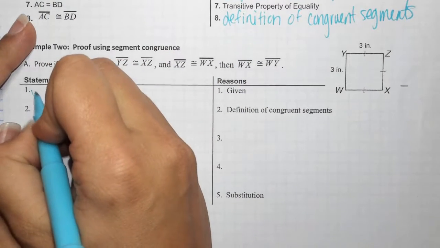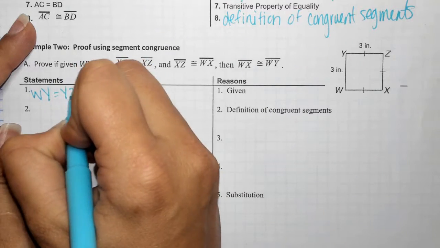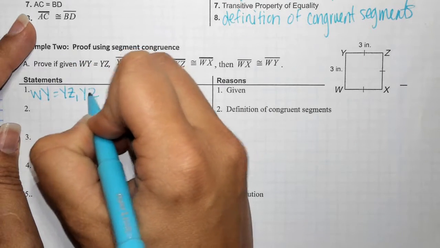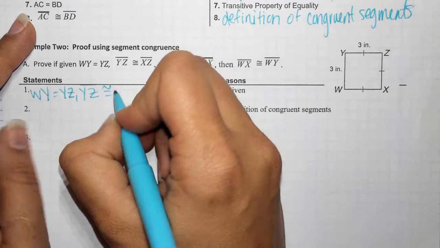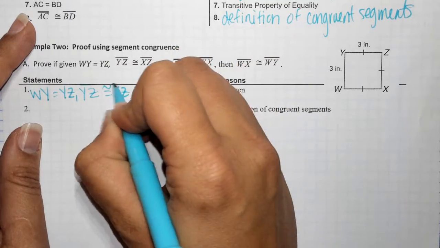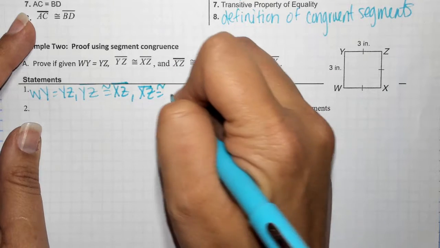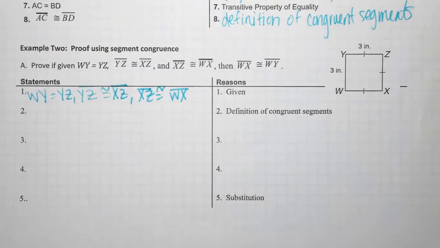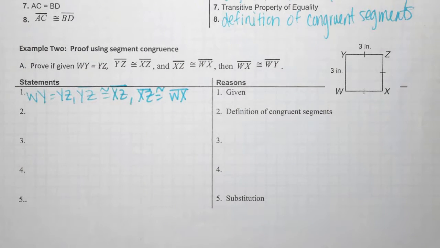Okay. So WY equals YZ. YZ is congruent to XZ, and XZ is congruent to WX. Okay.